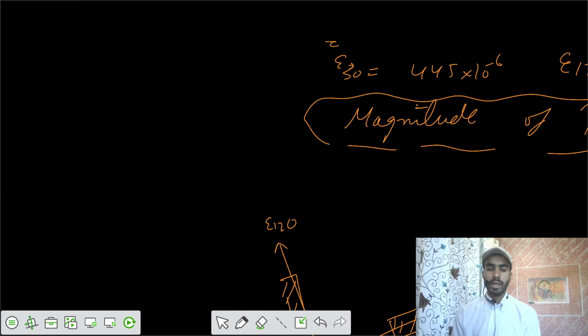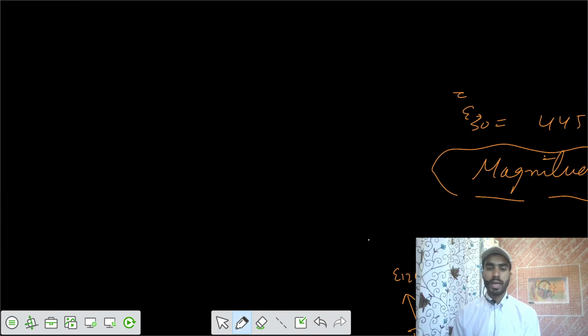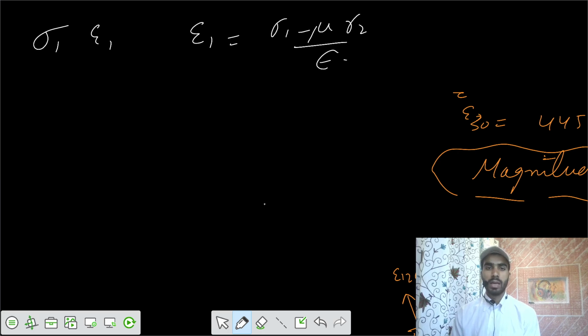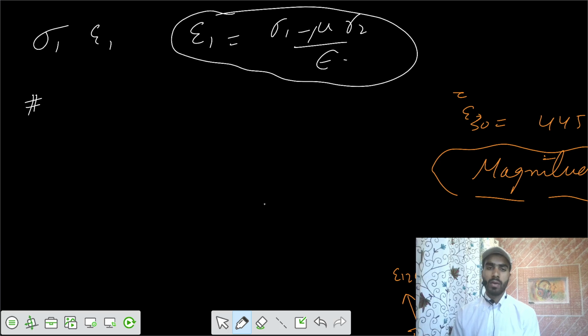So in the previous lecture, did you study the relation between sigma 1 and E1? Firstly E1 equals sigma 1 minus mu sigma 2 by E, and after the calculation we performed, we converted it, in terms of sigma 1 also, to something like E1 plus mu E2 by 1 minus mu square.